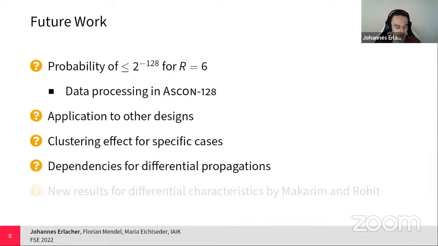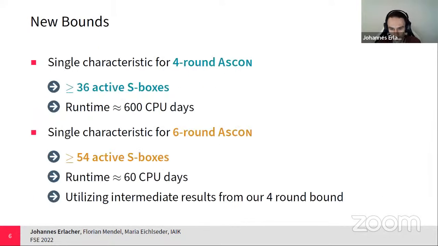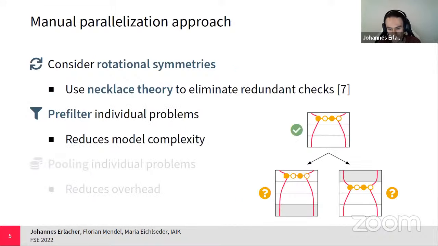How we ensure that. Let me just move back here. The Gödel patterns, basically, how do I put this very quickly? They mark the round with the fewest active S boxes, the activity pattern for a characteristic with the fewest active S boxes.